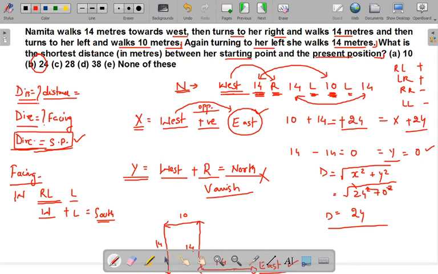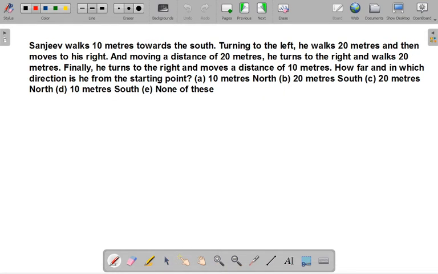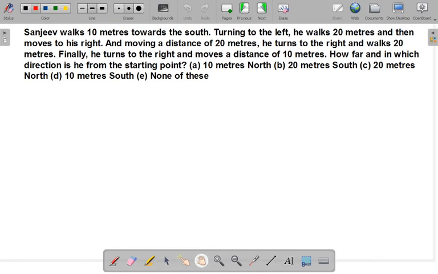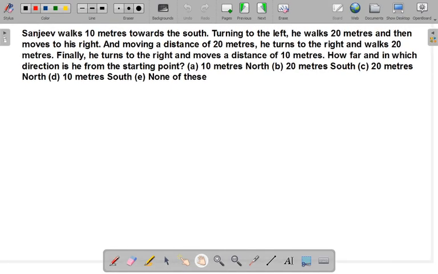Next problem. Sanjeev walks 10 meters towards south. Turning to the left, he walks 20 meters and then moves to his right and moves a distance of 20 meters.